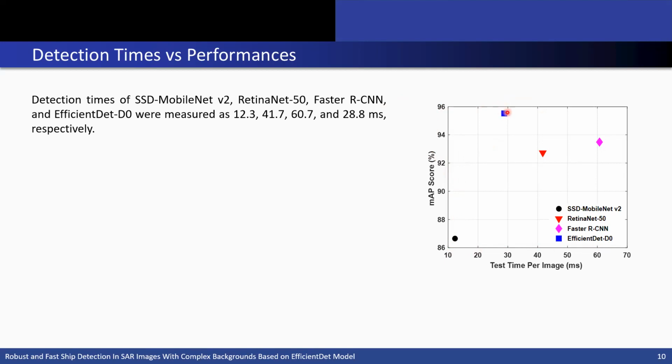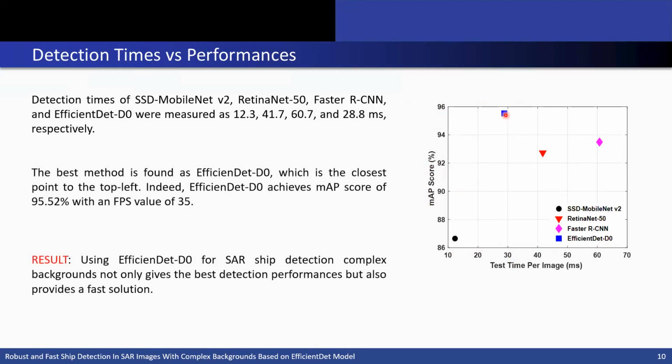So it has the lowest test time and highest mAP score in the top left. In summary, we observe that it not only gives the best detection performance, but also provides a fast detection.